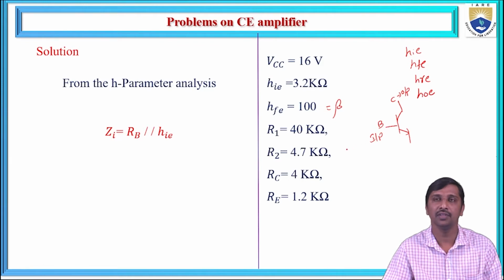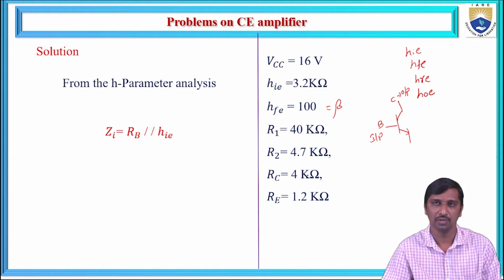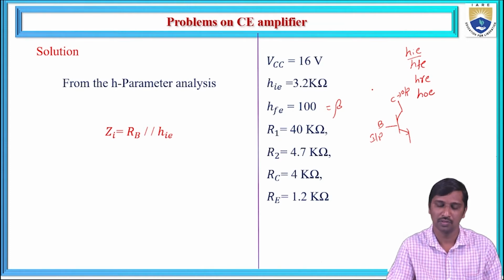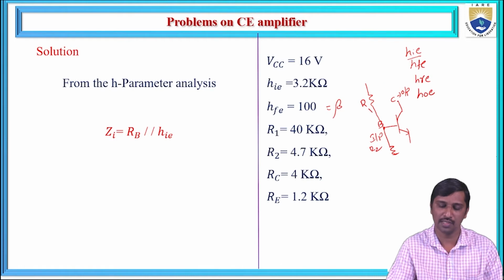Based on the design parameters and the voltage divider biasing method, we know from the H parameters that the internal input impedance is represented as HIE. But externally, at the input side, we connected two resistances, R1 and R2. Let's take this as R1 and this as R2. R1 and R2 are biased with VCC.